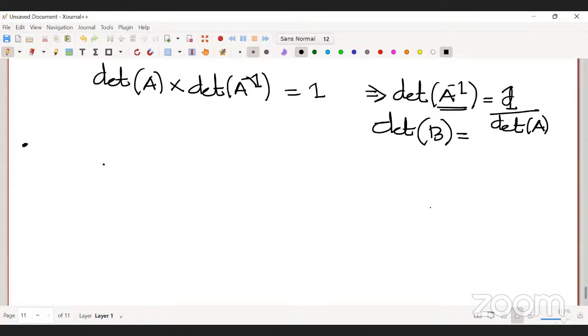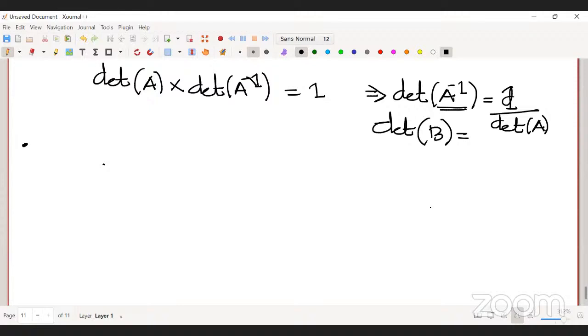But A inverse is given by this formula, 1 by determinant of A into... See, you can talk about the transpose of any matrix. It doesn't have to be a square matrix. You can take the transpose of a 2 cross 3 matrix, a 5 cross 7 matrix, a 10 cross 1 matrix. But you cannot take the determinant of all these matrices. For determinant, you need a square matrix.